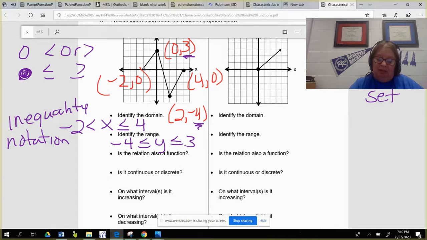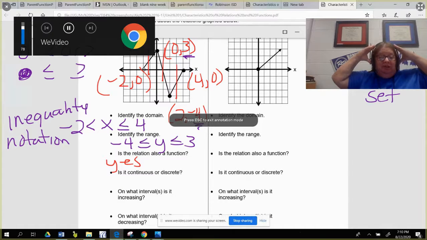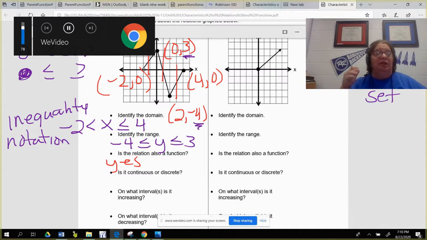Anywhere we draw a vertical line, it's only going to cross once. There's nowhere on there it could cross twice. So yes, it's a function. And Mr. Dell would always ask you, how do you know? And you could say, passes the vertical line test, or you could say the x's don't repeat.